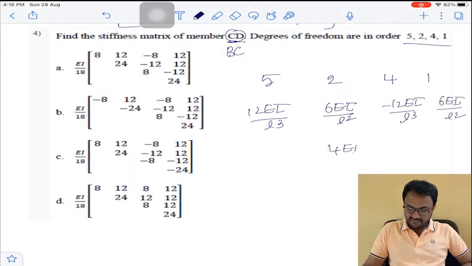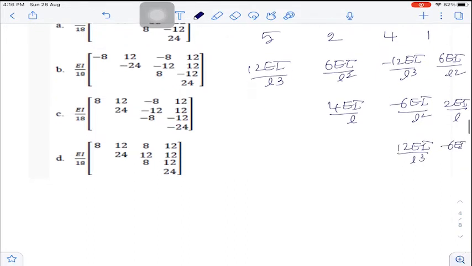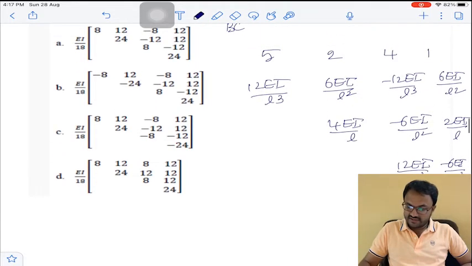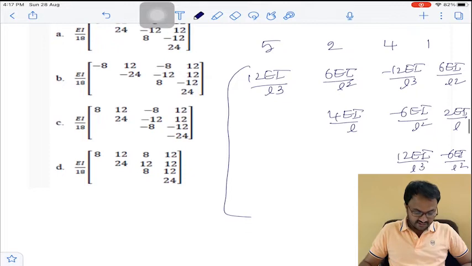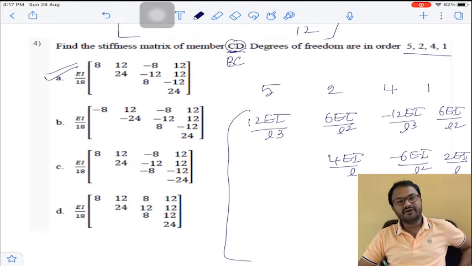It is 4 EI by L, minus 6 EI divided by L square, and it is 2 EI by L. So it is 12 EI by L cube, minus 6 EI by L square, it is 4 EI by L. Clear? So this matrix you will get. And the answer you will get finally is A for question number 4.